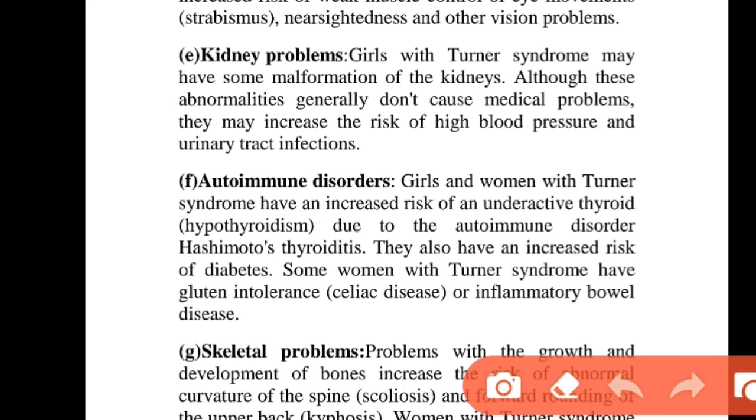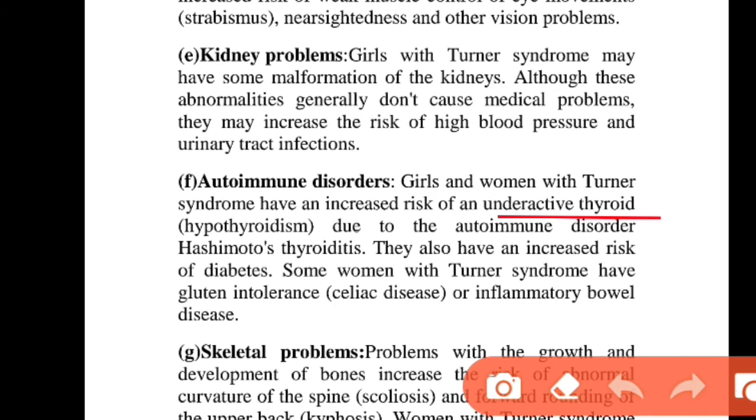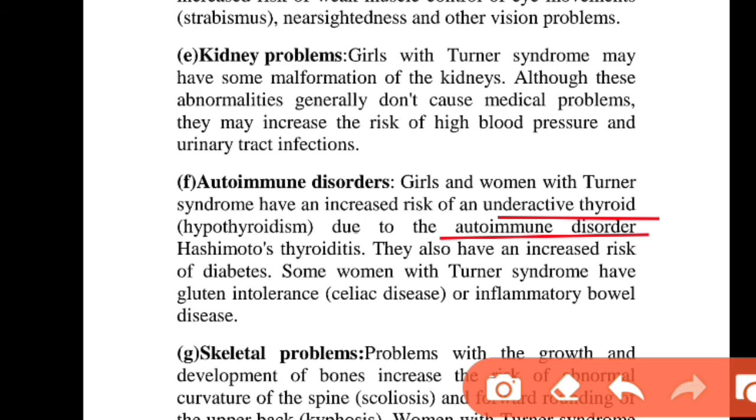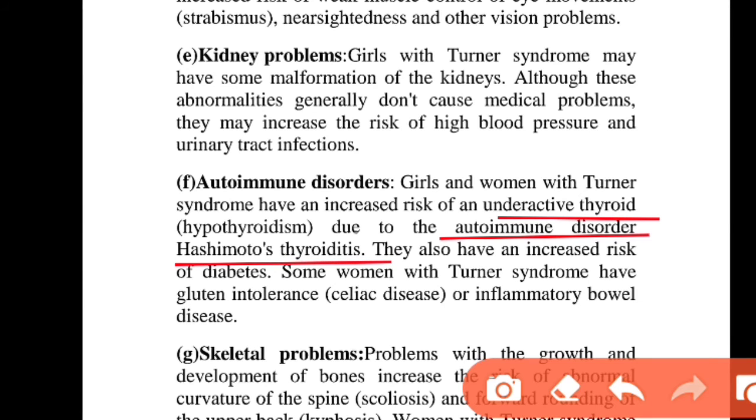Girls and women with Turner syndrome have an increased risk of an underactive thyroid, that is hypothyroidism, due to the autoimmune disorder. So immune disorder creates thyroid problems, hypothyroidism, and this disorder is also known as Hashimoto's thyroiditis.